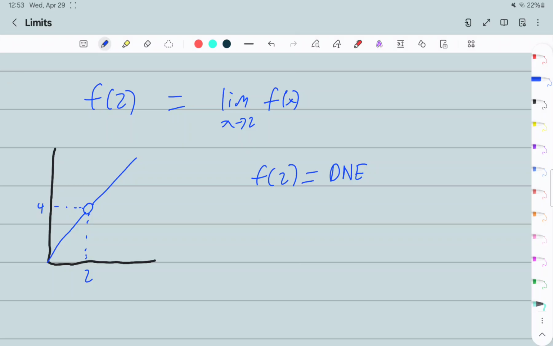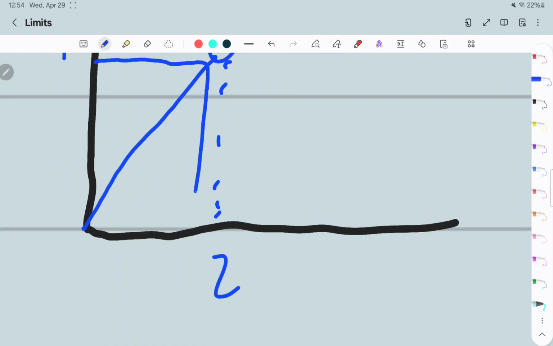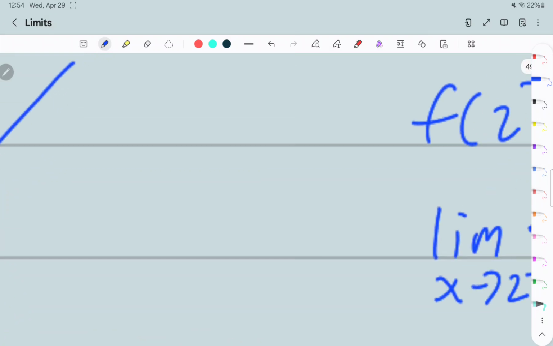But how do we solve a question like this? Then we use limits to our help. We say x approaches 2 from the left side, let's check what happens. If we go from the left side, we get closer to this point, which is eventually reaching 4. I don't know if you guys could see it as close, but I hope it's not pixelated.